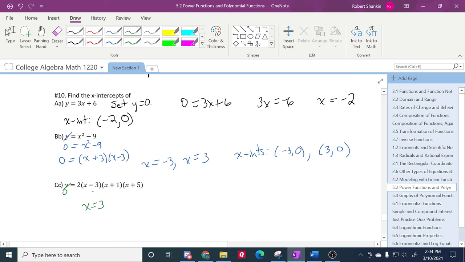Now some people learn to look at it logically that way. Others just learn a format. You might have learned it like you set each one of these to 0, and then you solve the equation. And either way is fine. When these things are complicated, then you need to be able to do that.